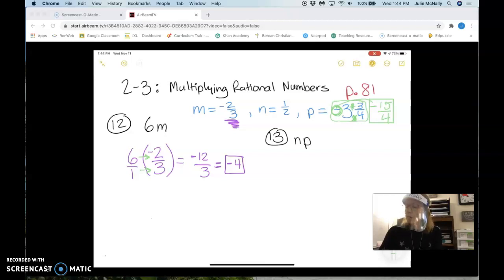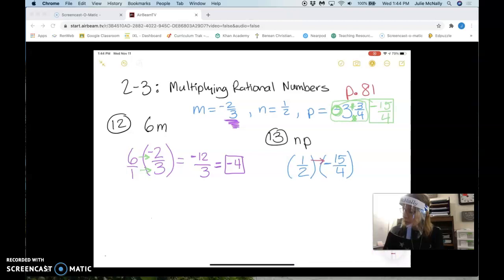Okay, so all I did was turn that mixed number into an improper fraction. Now I can put it in my equation in number 13 and solve. So n is 1/2, and I'm going to use parentheses. And then my p is negative 15 over 4.